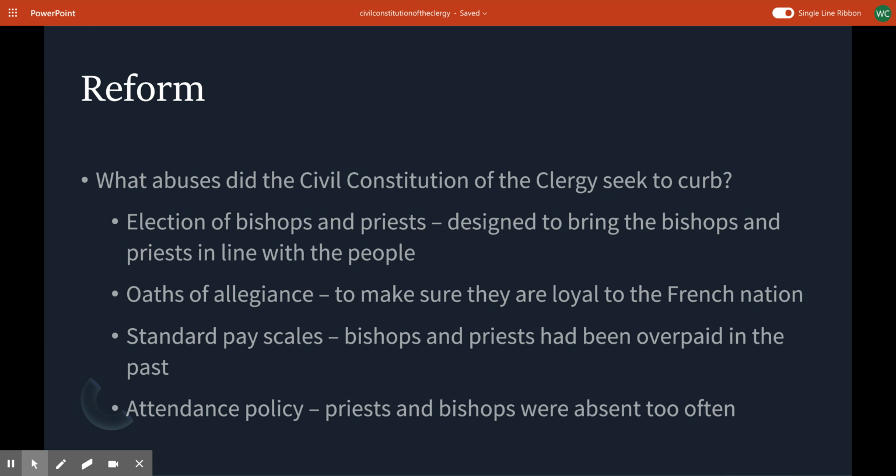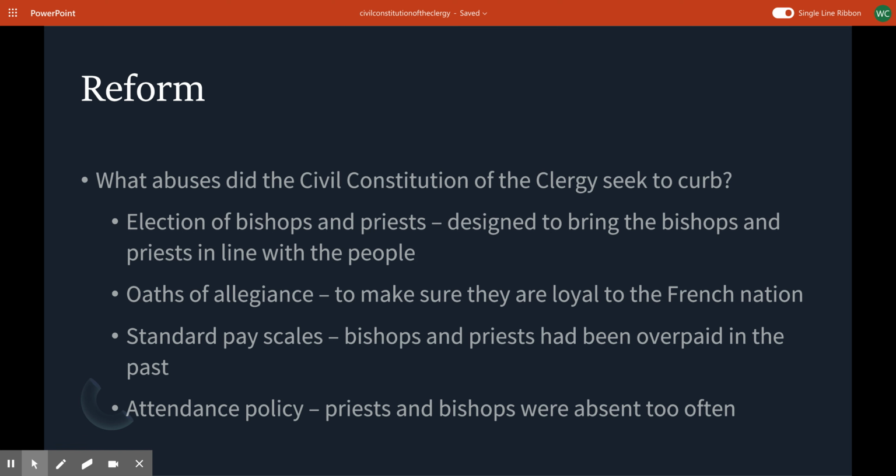Now, what abuses did this seek to curb? Let's review these regulations real quick. The election of bishops and priests was designed to bring the bishops and the priests in line with the people, rather than these titles being handed out based on who they knew that was connected to the church. The oath of allegiance was to try to make sure these people are loyal first and foremost to the French nation.